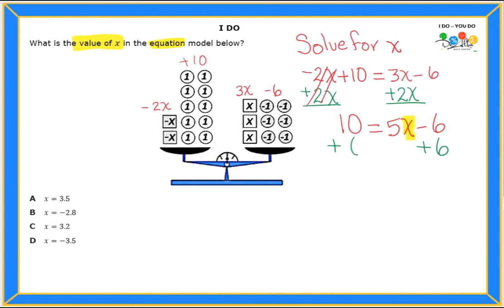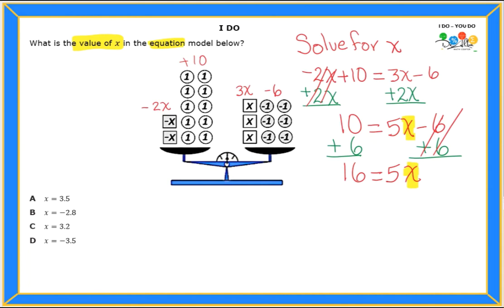And remember, whatever you do on one side, you do to the other side. So 10 plus 6 is 16, and my 6s are going to cancel each other. And I get 5x. I think it's getting better, but I still have something else with the x, which is the 5.